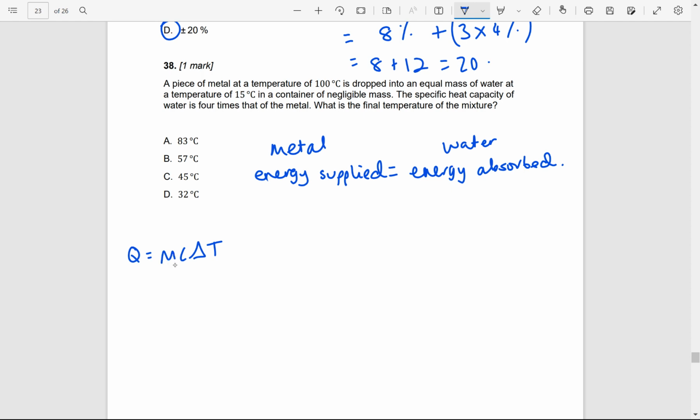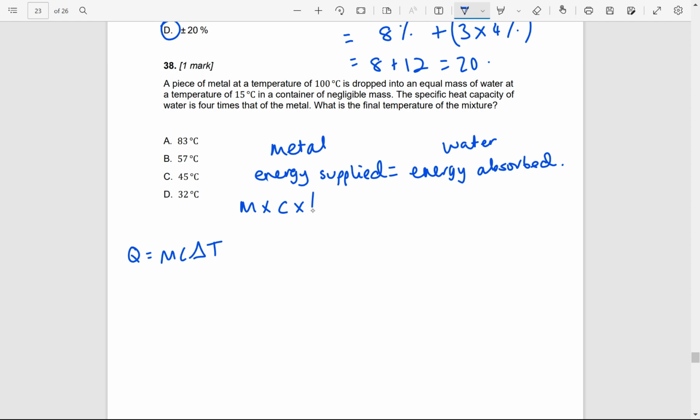So it's the energy equals the mass multiplied by the specific heat capacity, the amount of energy in joules required to heat up a unit mass by a unit temperature, multiplied by the change in temperature.